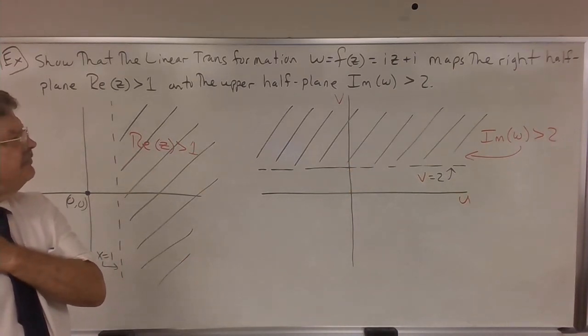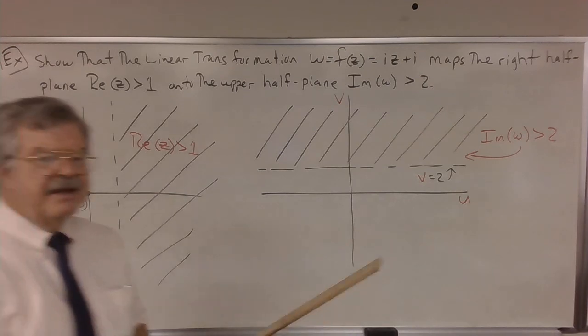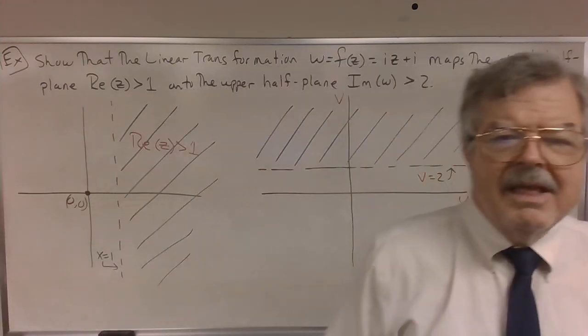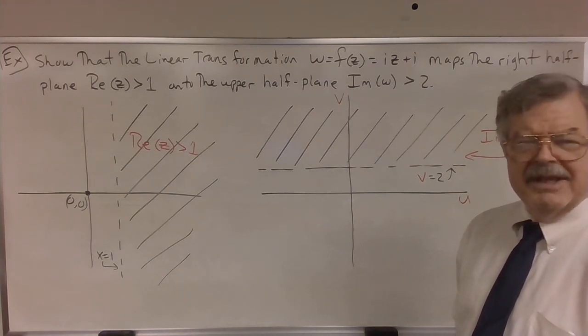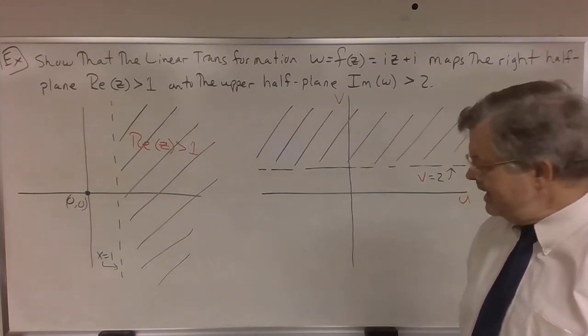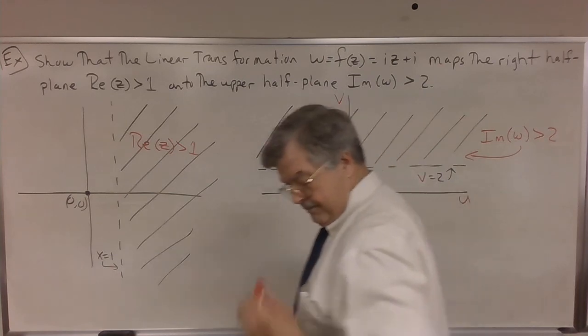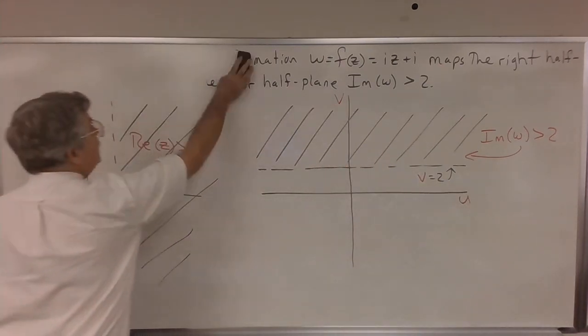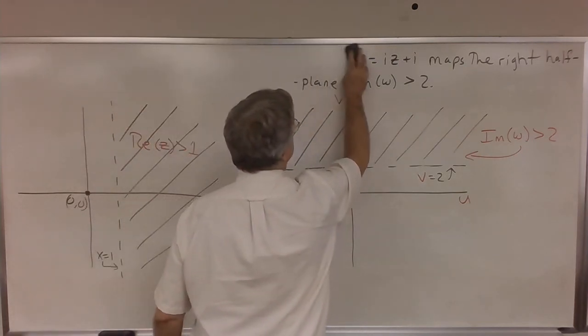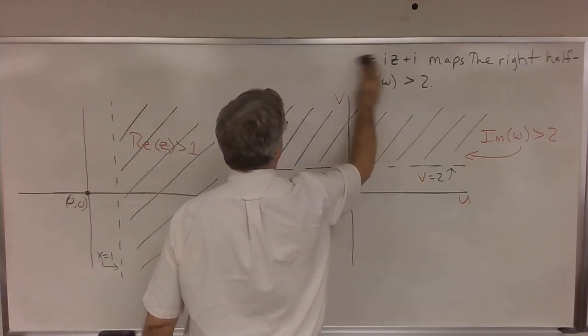And I guess the first thing that I should do is just convince myself that this really is a linear transformation. So f of z is iz plus i.